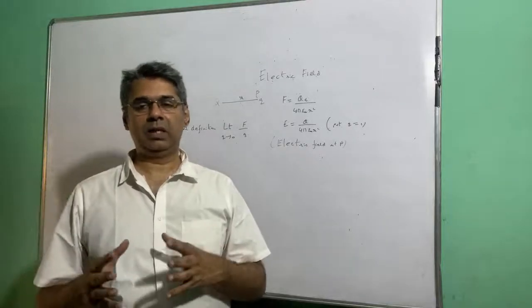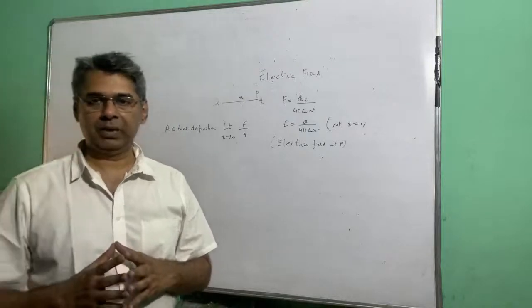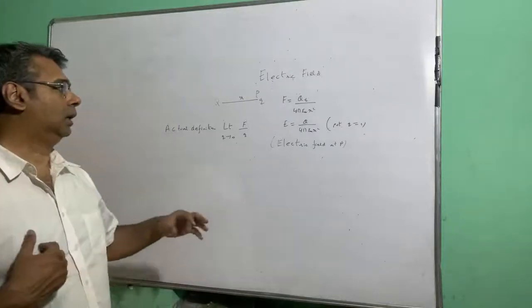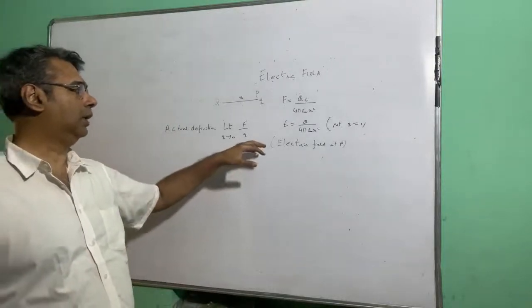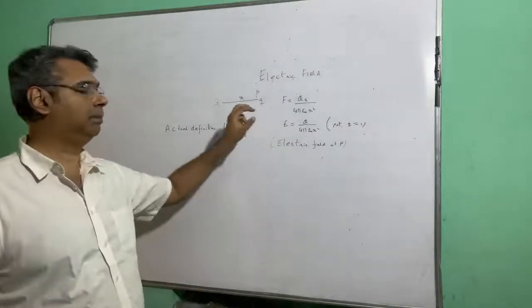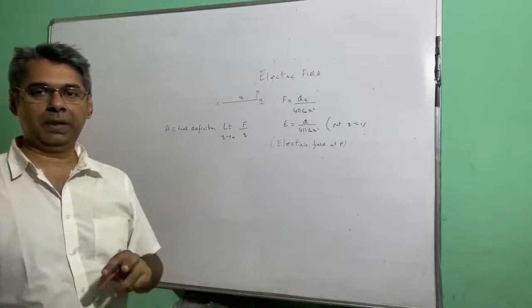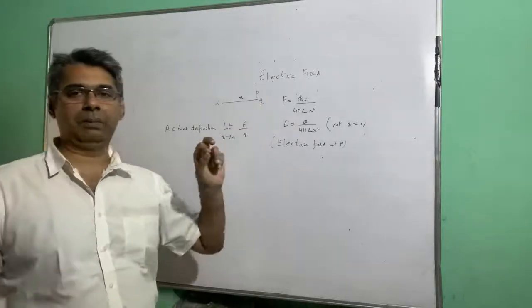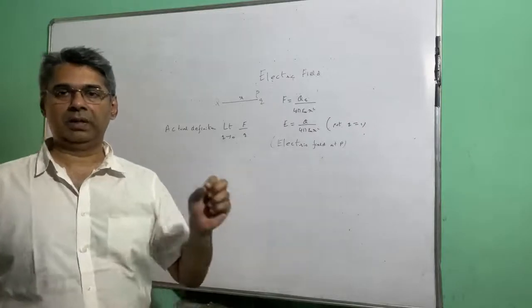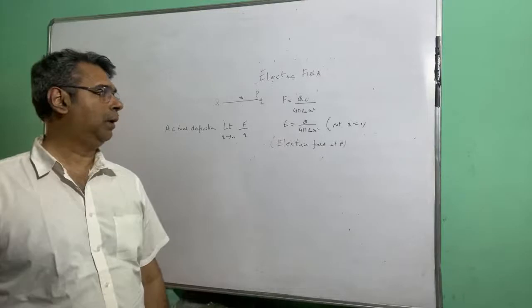That's all. But electric field is for a particular point in space. So Coulomb's law is for a pair of charges, electric field is for a particular point in space.